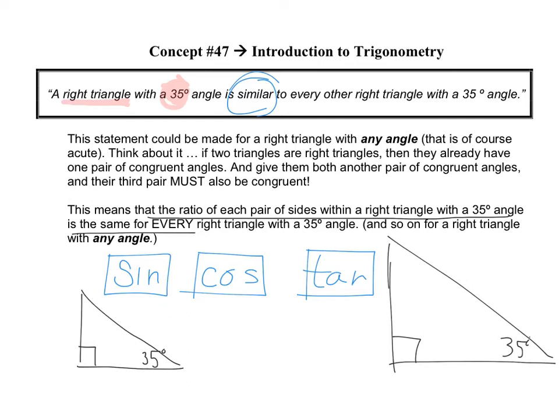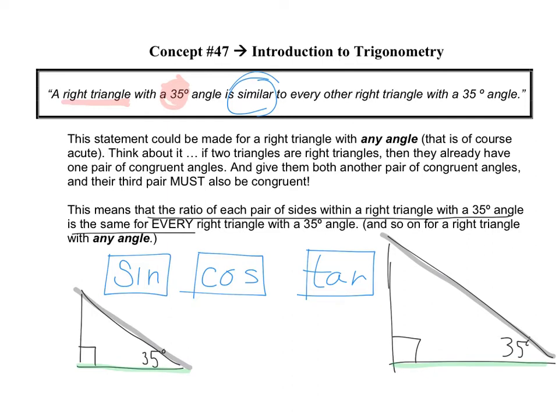And that would be true for any right triangle with a 35-degree angle. Likewise, if I did another pair of sides, let's say I looked at the ratio of this side to the hypotenuse, or in the other triangle, this side to the hypotenuse, that ratio is going to be the same in those two triangles, and it will be the same for every right triangle with 35 degrees.